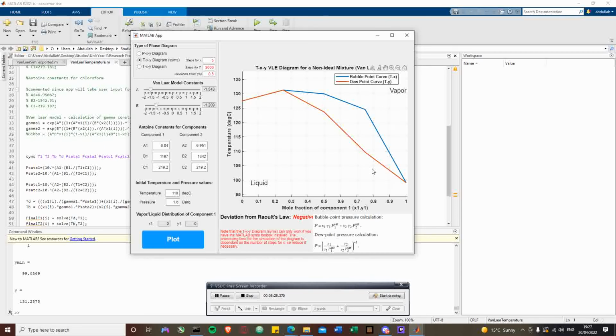However, you have to find a balance between how many points you want to plot and how accurate you want your graph model to be. As you can see, the lines here are very straight and don't represent an accurate representation of this component's TXY diagram.